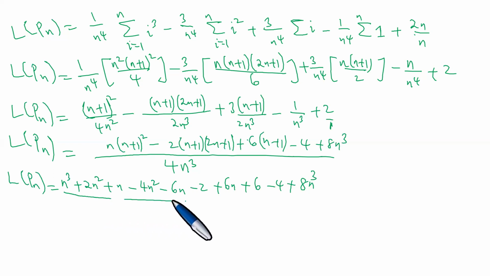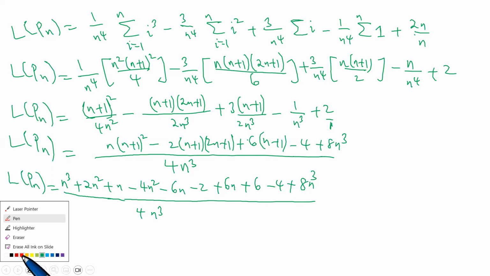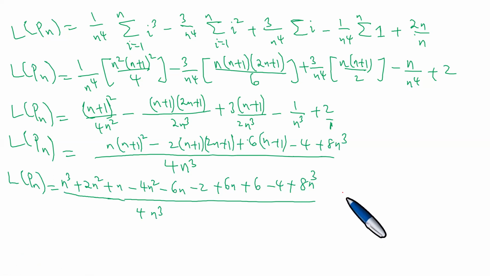We divide everything by 4n cubed. Okay, it's a bit lengthy.